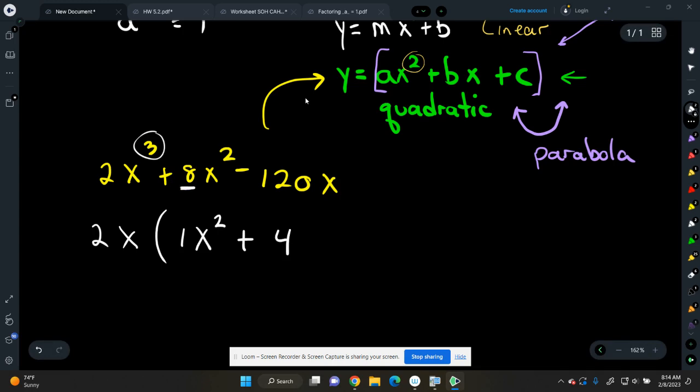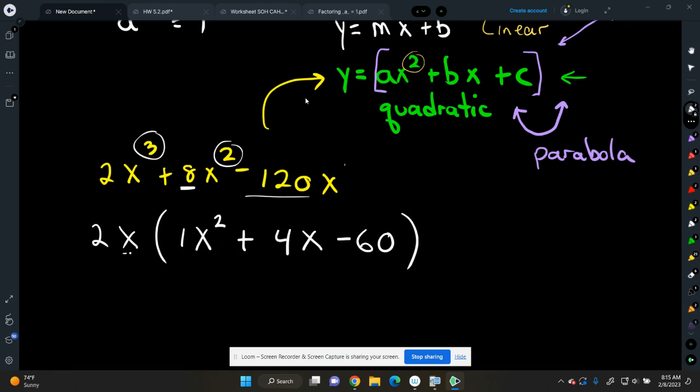Remember, we're dividing, right? It's not 6. We're dividing. Now, if I take x out of the x squared, I'm left with x. If I take 2 out of negative 120, I have negative 60. If I take x out of x, there's no x's left.